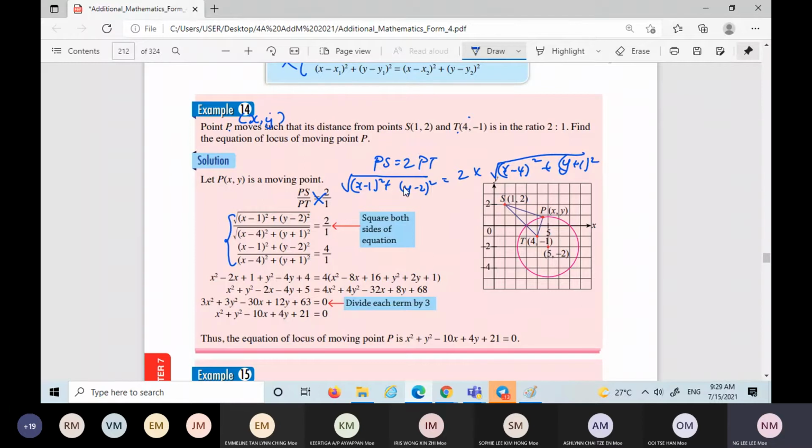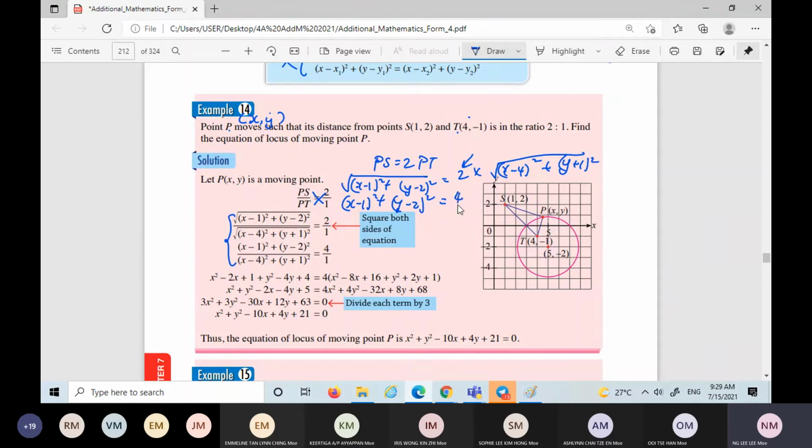After that, square both sides of the equation. The square root here will disappear. Remember the 2 you got to square also. The common mistake students make is always forgetting to square the number. They just take away the square root.